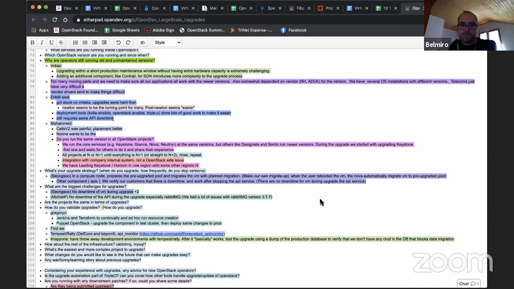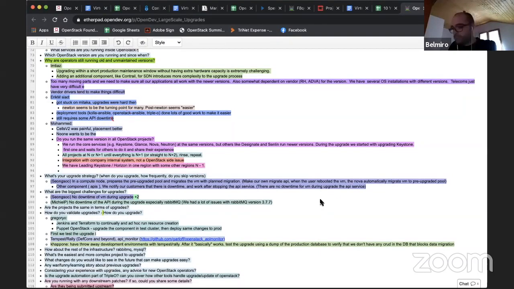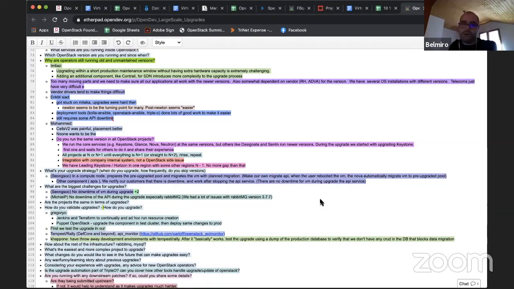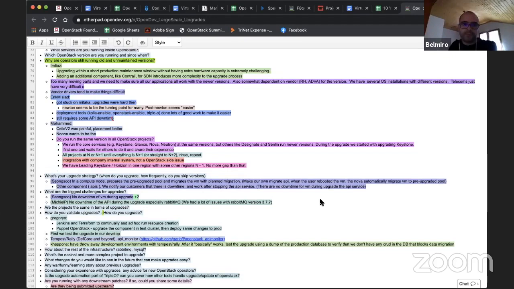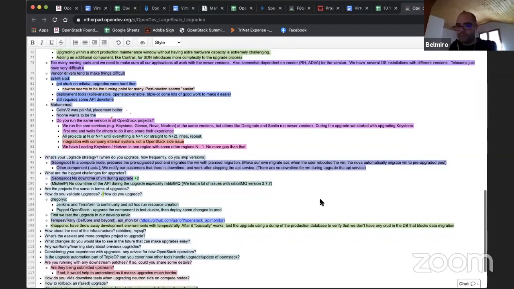Currently we are running most of the components in Train, and we are starting the upgrades to Ussuri. I don't know, for our use case, it's not a very valid option. Also, lately with the latest developments, we don't get that killer feature that we really need. We can just wait a few more months to get it.